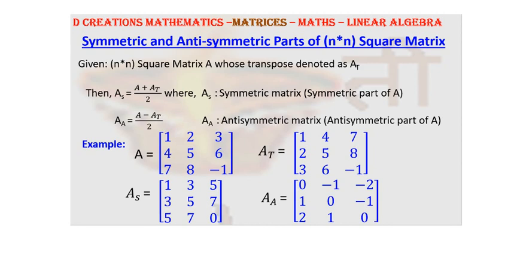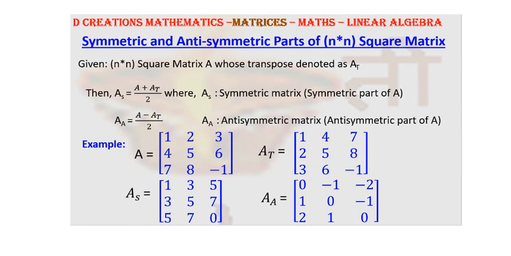Consider the elements corresponding to first row second column. It's 2 for A and 4 for A transpose. So 2 minus 4 is minus 2, divided by 2 is minus 1. So the first row second column element in the antisymmetric part is minus 1. Similarly, you can try out the other elements.